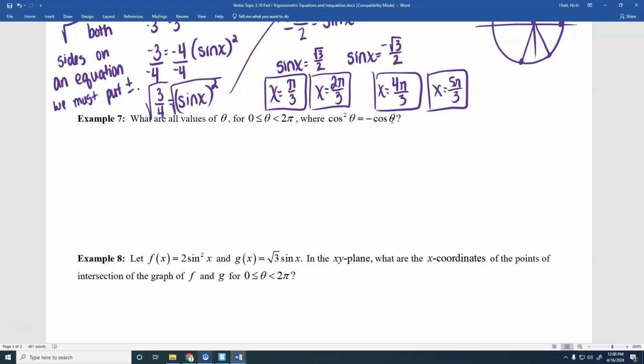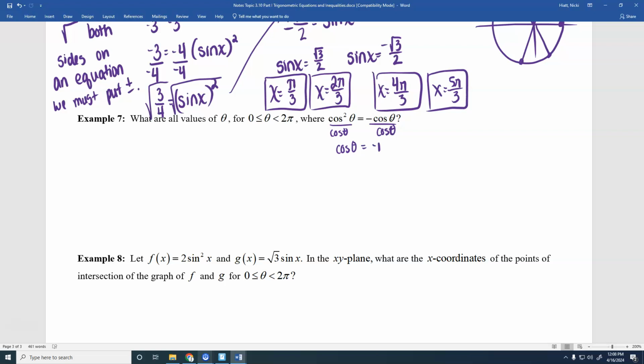It would be convenient to divide by cosine, because if we did, you might not want to write this down. If I divide by cosine, then I would get cosine of theta, right? I'd cancel out one, and what would I get over here on the other side? Negative 1.